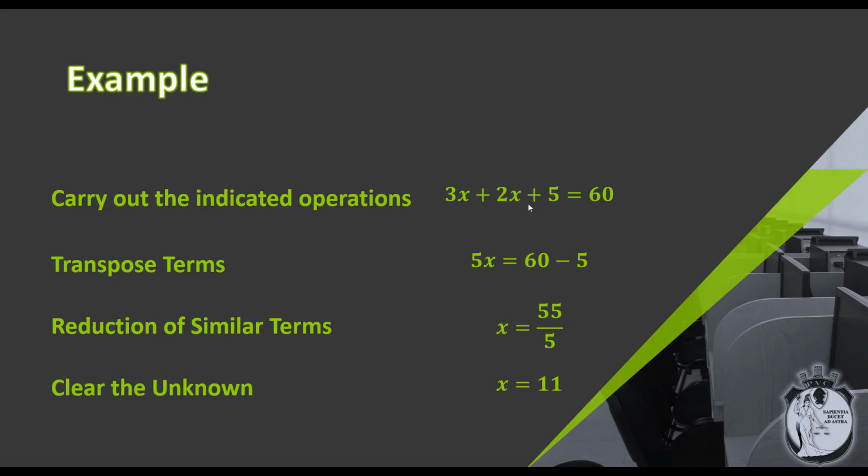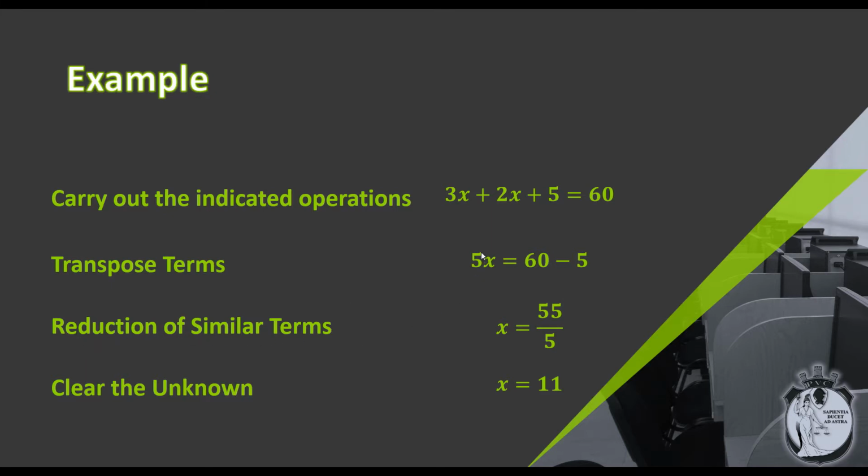If you check here, that term was adding, so when you pass it to the other side, that term must be subtracting. So again you need to carry out the indicated operations. 60 less 5 is 55, so you need to clear.